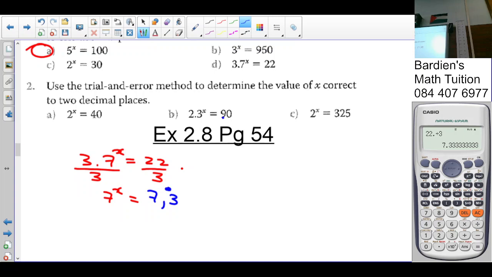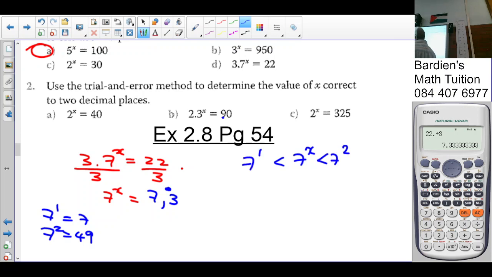Okay. But 7 to the 1 is 7. 7 to the 2 is 49. So what does that mean to say? That 7 to the x definitely lies between 7 to the 1 and 7 squared. Not so? So that's going to have to be 7 to the exponent 1 point something.